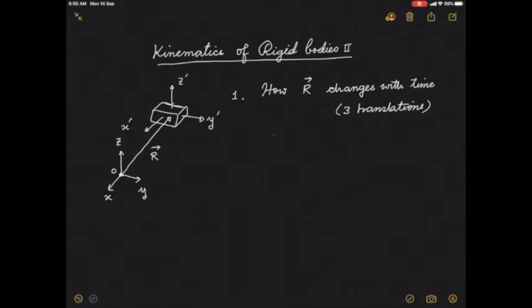Let me just remind you how the translation happens. r goes to r prime, which is given as r plus, if it is an infinitesimally small translation, some epsilon times some other vector. Let's say it's a translation vector.